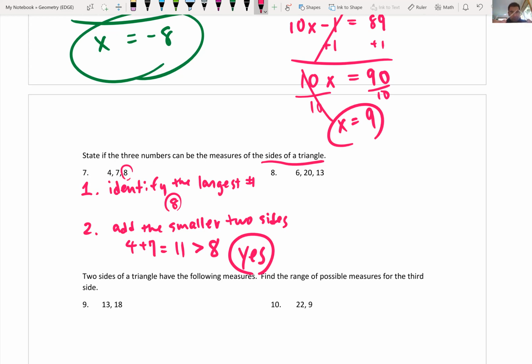You will be able to form a triangle because this is 8, the longest stick, and this is a 4 and 7. And 4 and 7 is definitely bigger than 8, isn't it? So you will be able to create a triangle. Okay. How about number 8? Will you be able to form a triangle?